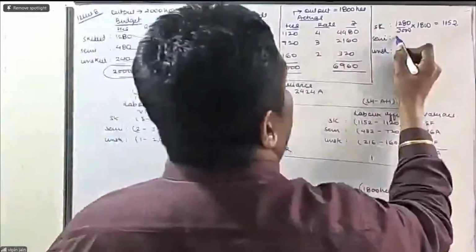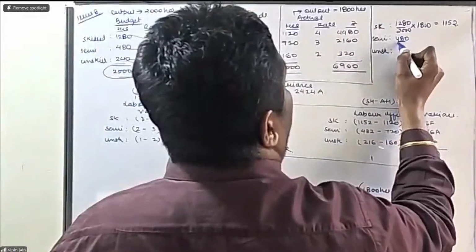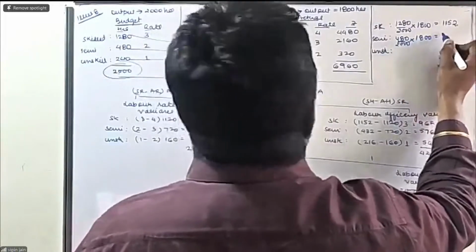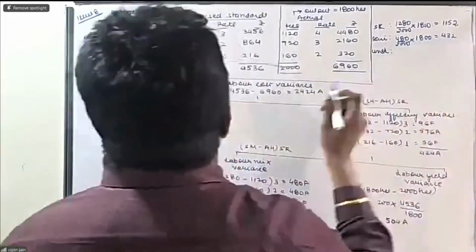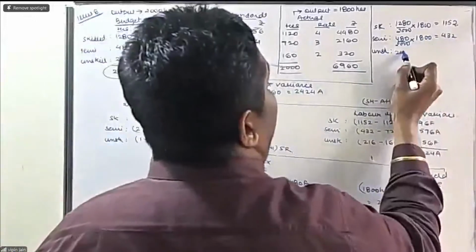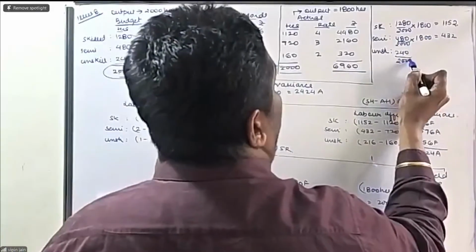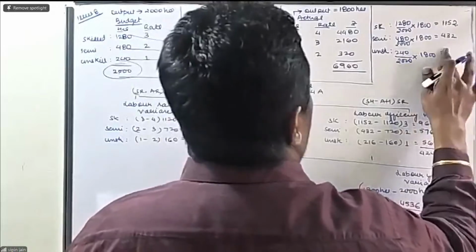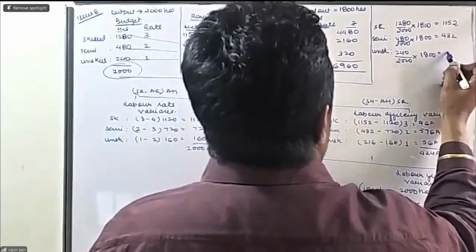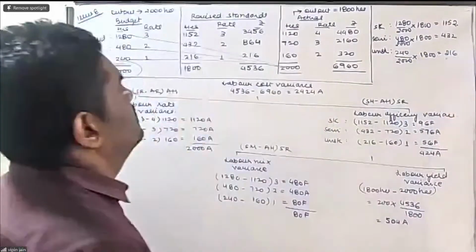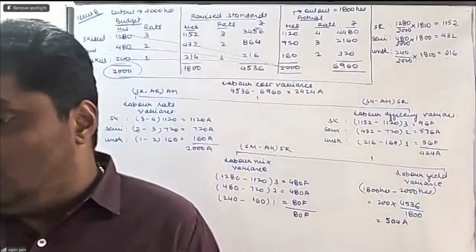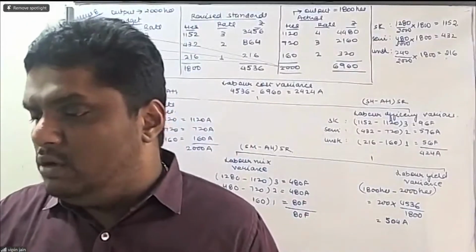Similarly, 480 for 2000. So for 1800, how much? 432. 240 for 2000. So for 1800, how much? 216. I hope your query is resolved, Mallu.